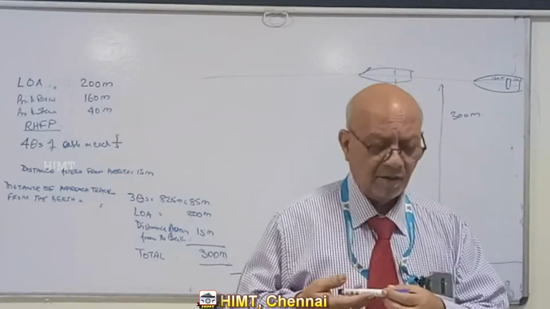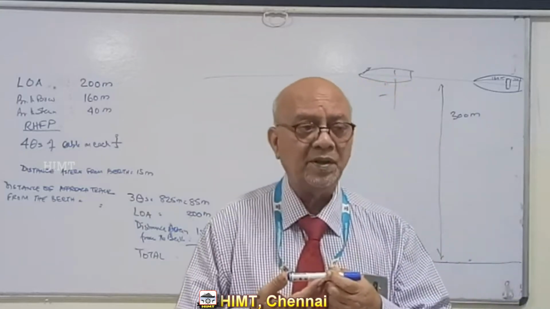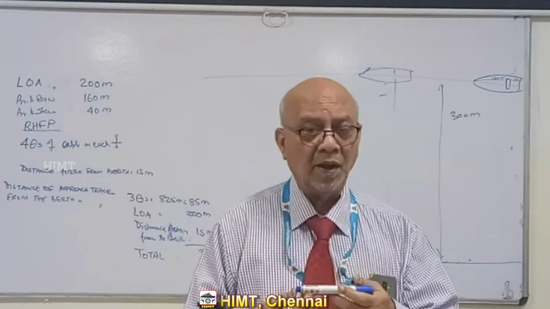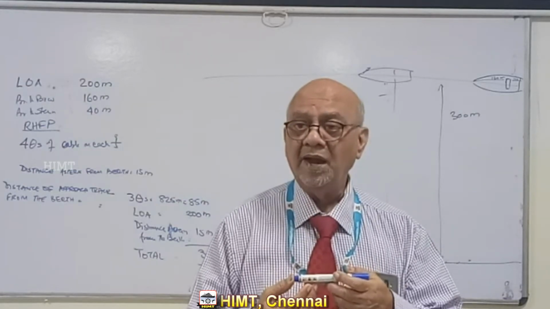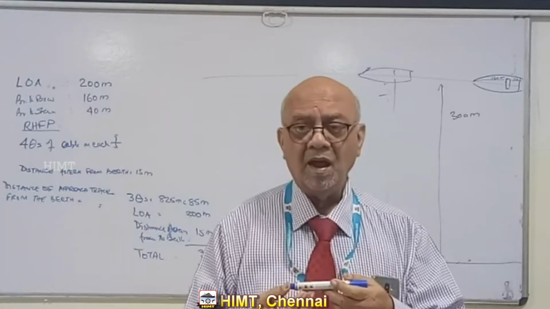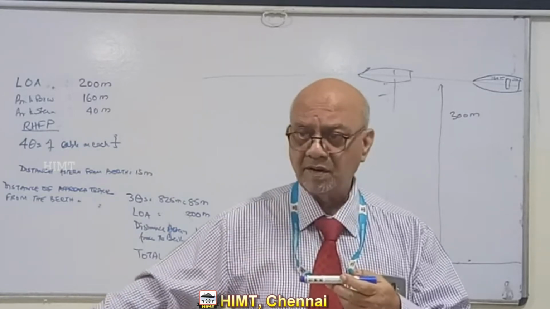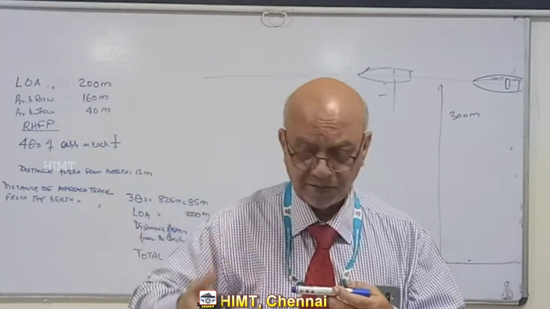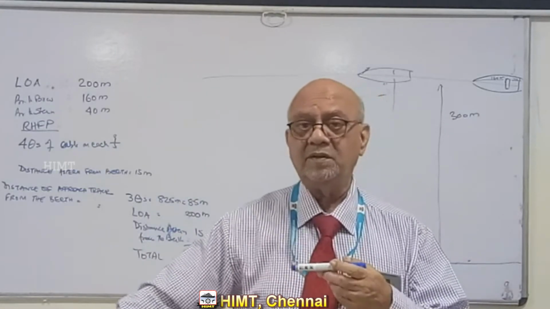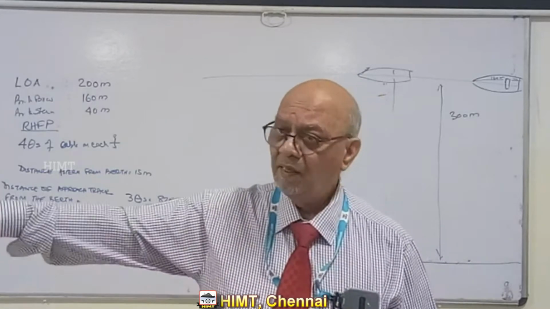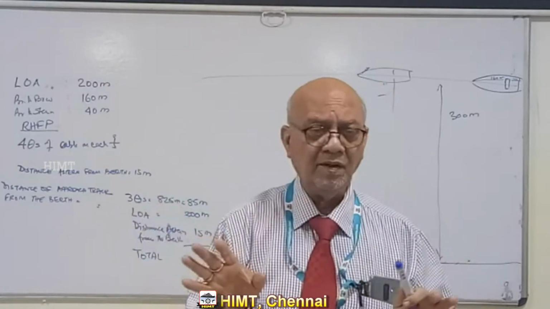My next instruction to the mate is, please inform the bridge when the anchor cable is leading right astern and the cable is bar tight, which means it has sufficient length and he will be able to see it slightly bar tight. That means I have ensured the anchor cable has now fully stretched and not piled up anywhere.